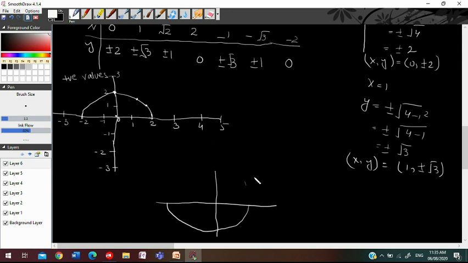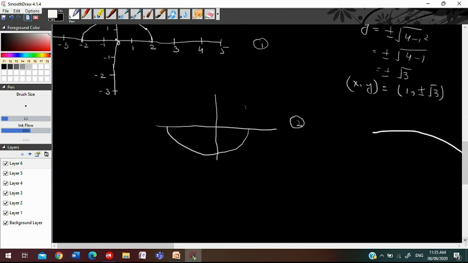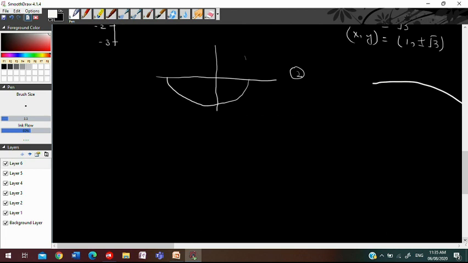And when you combine these two graphs, this one is for the positive values and this one is for the negative values, and when you join these two graphs, you are able to draw a complete circle. This one.